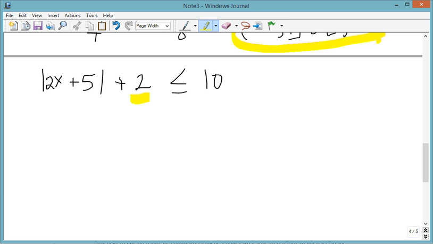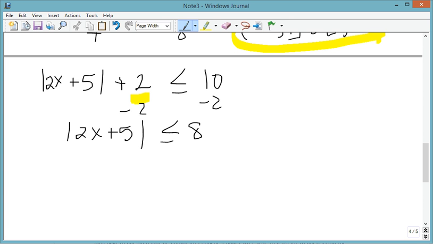We can't break it into 2 equations until that 2 is gone. So the first thing you always have to do is get the absolute value to be by itself. So don't try to do any of the things that we've been doing until the absolute value is by itself.